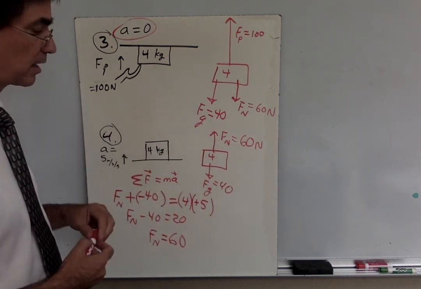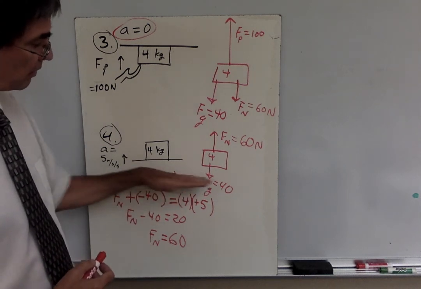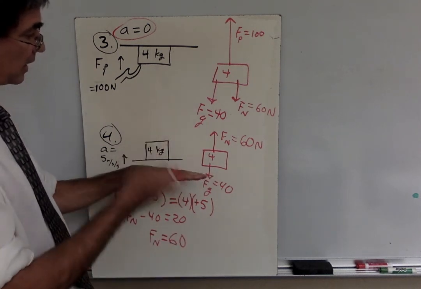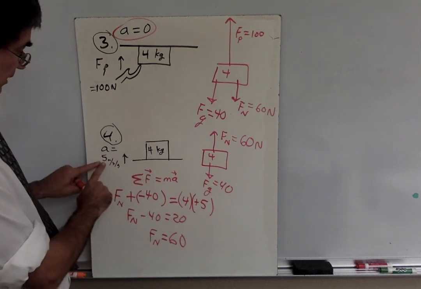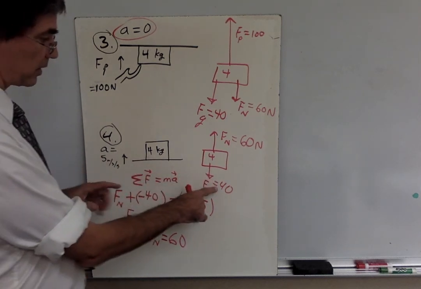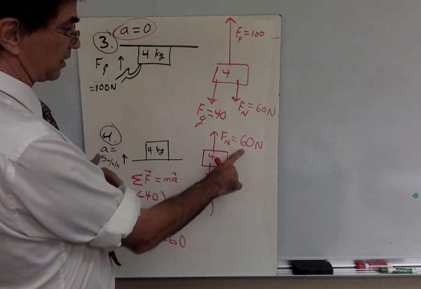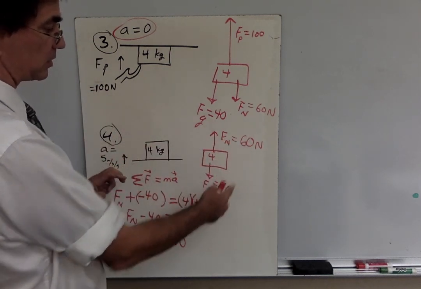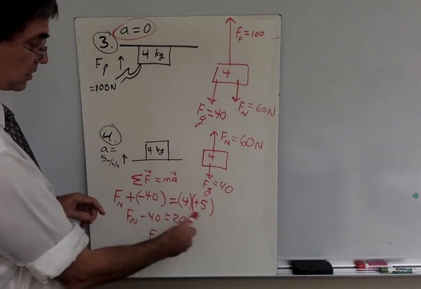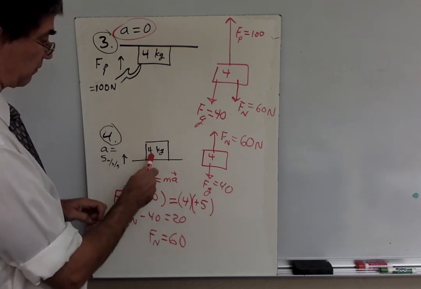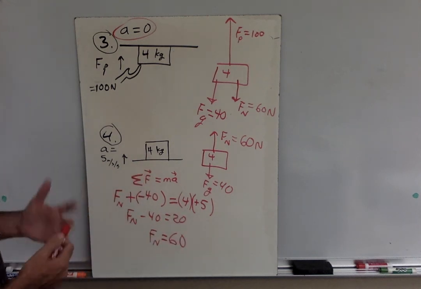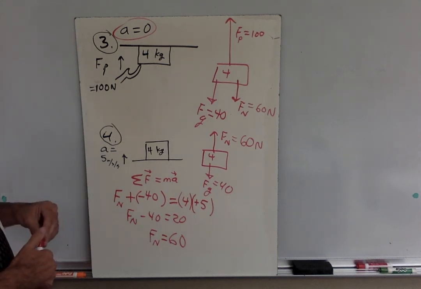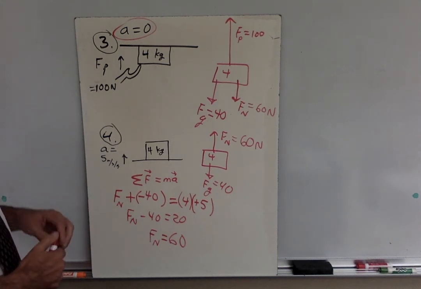Or another way of thinking of it is I need to cancel out that entire 40 newtons plus add 20 more so that I can make this happen. So 40 plus 20 more is 60. The extra excess net leftover force of these two is 20 extra newtons to make it 4 times 5. That's a perfectly legitimate kind of common sense, intuitive way of thinking about it. And if you're careful, that also works.